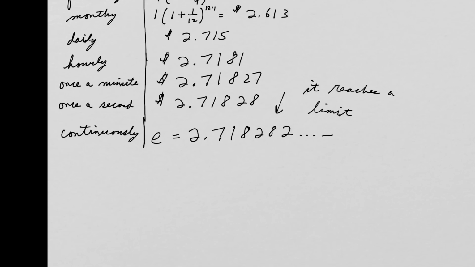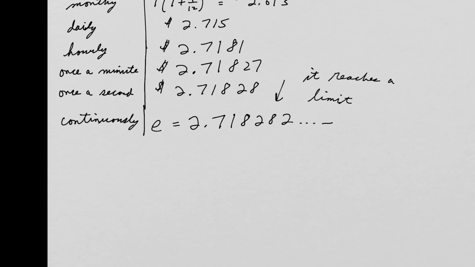So another way of saying this, right? Remember the formula for compounding was, we had $1, I won't even write the 1 out front, then we had 1 plus 1 over k raised to the k times 1, so I'll leave that one off as well.